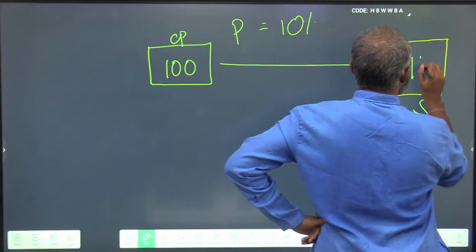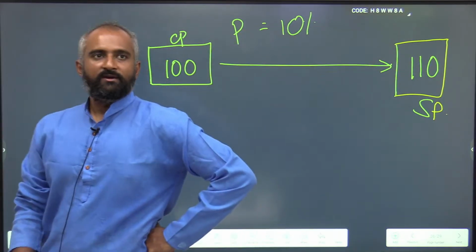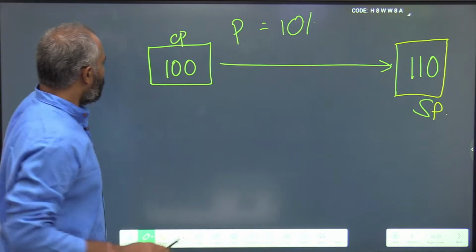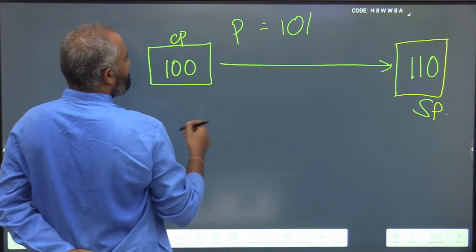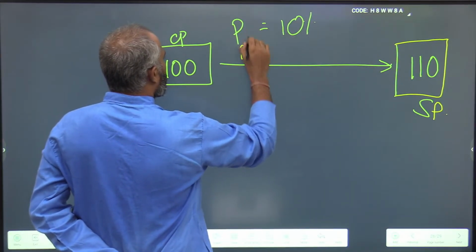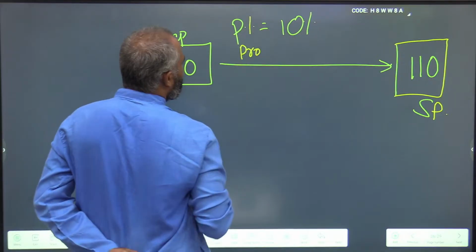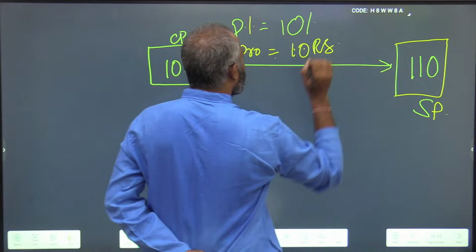That means my SP is going to be 110. Now see the change. So profit percentage is 10%, profit is 10 rupees.